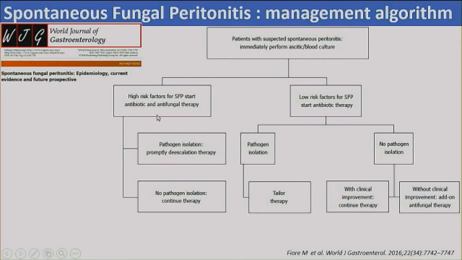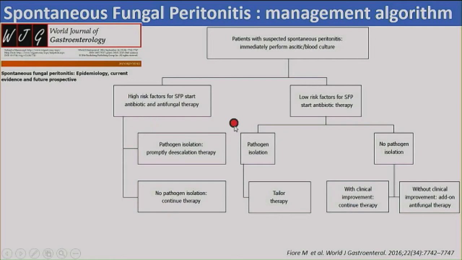And then, if the patient is low risk, maybe we can start antibiotic alone. If the pathogen can be isolated, de-escalation therapy can be done. If no pathogen can be isolated, we should continue the therapy.